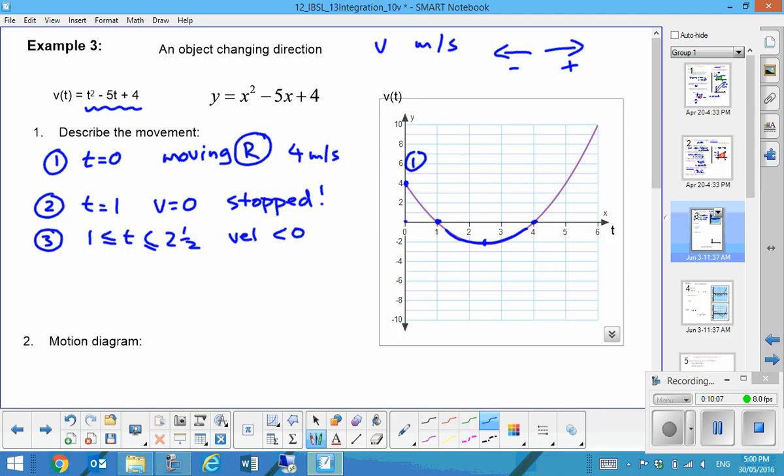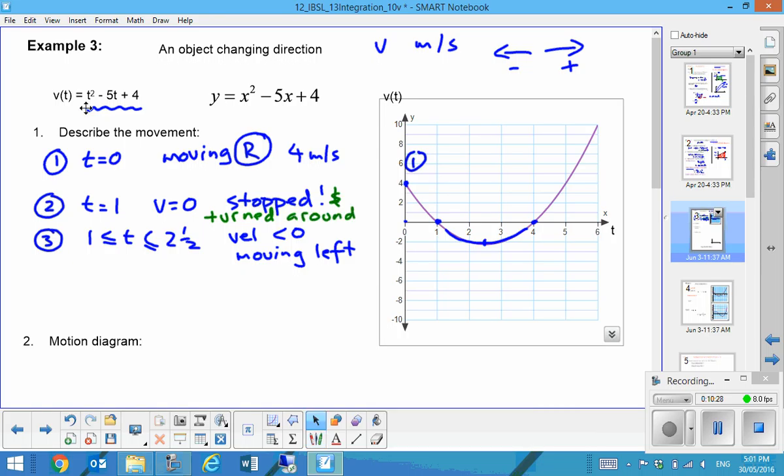To the left. So if it's now moving left, up here when t equals 1, it stopped, it must mean it turned around. So it stopped, turned around and started going left, negative velocity.